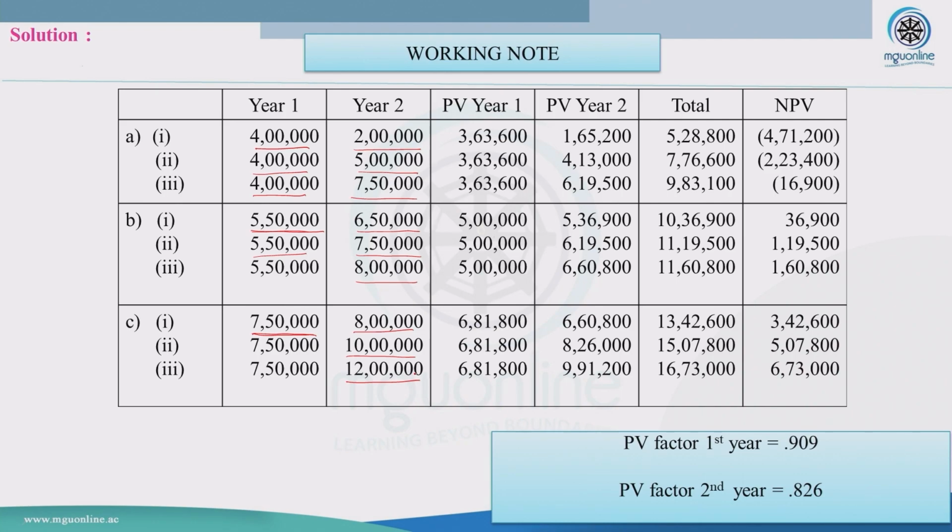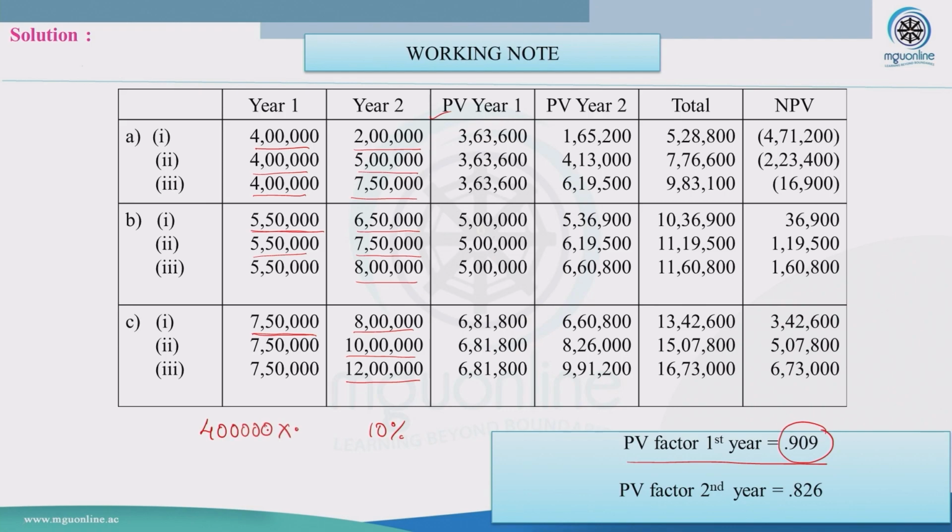Next, we can calculate the present value of the cash flow of each year. From the question, it is clear that the cost of capital is 10%, so the present value factor for the first year will be 0.909. In order to calculate the present value of year 1, the cash flow of year 1 will be 4 lakh.